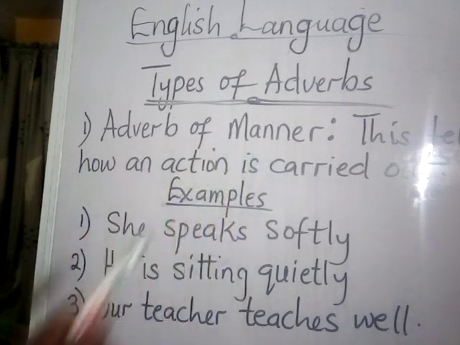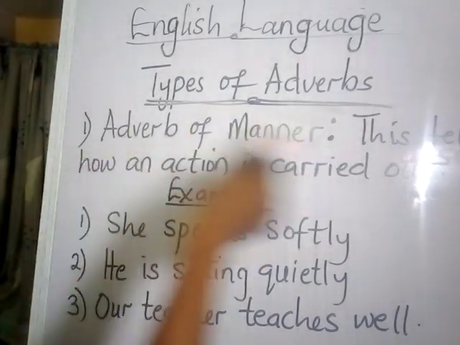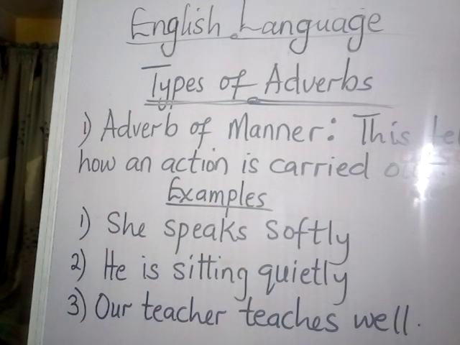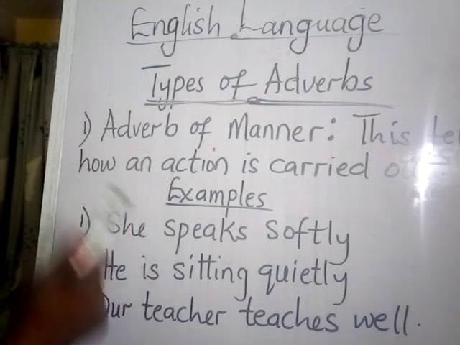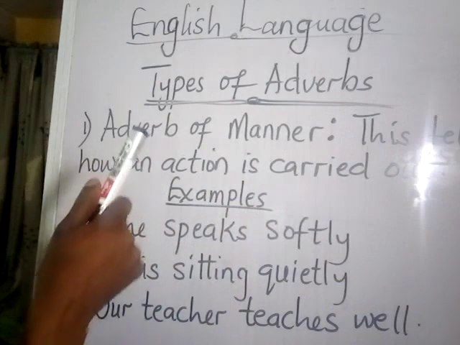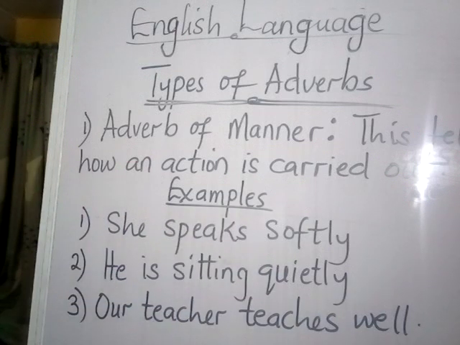Adverb of manner. This adverb tells how an action is carried out. It describes the way an action is carried out. And remember, verb is an action word. So this tells how the verb is, the way the action is carried out.